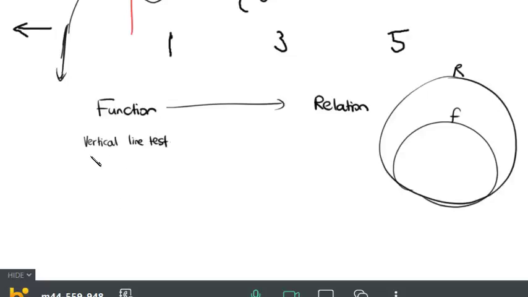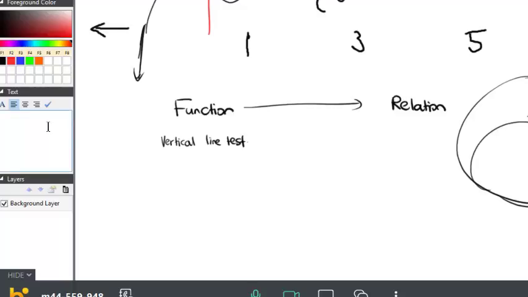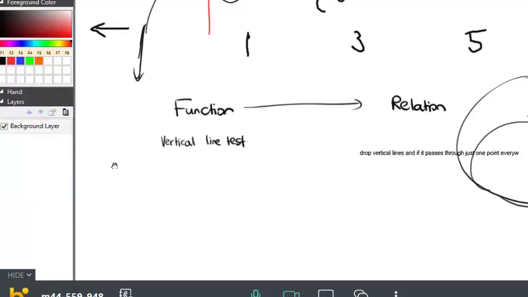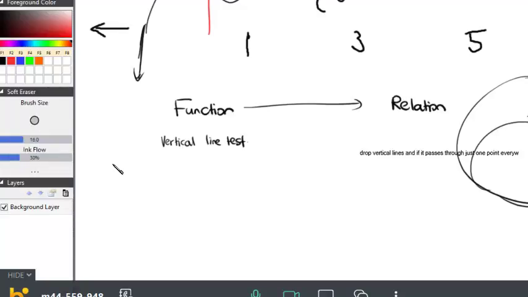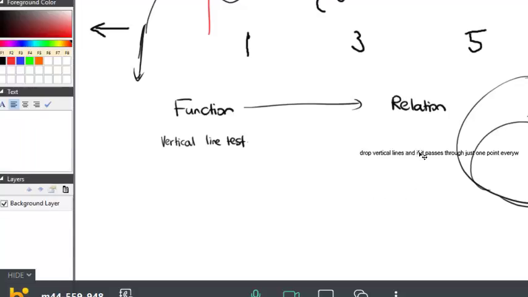You drop vertical lines, and if it passes through just one point everywhere, then it is a function.